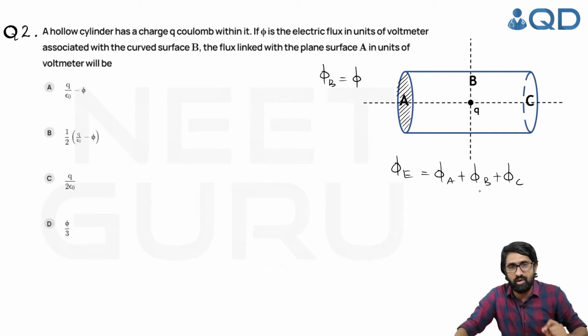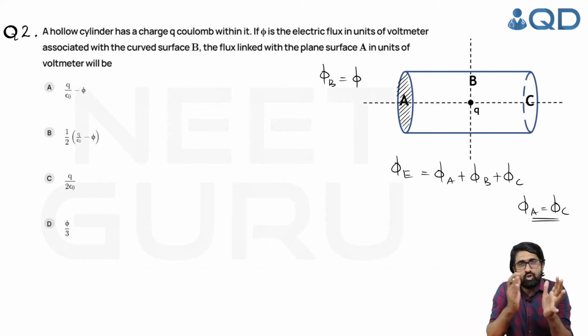Now, out of symmetry, phi A will be equal to phi C, because these two plane surfaces A and C are equidistant from the charge q and they are surfaces of equal area.